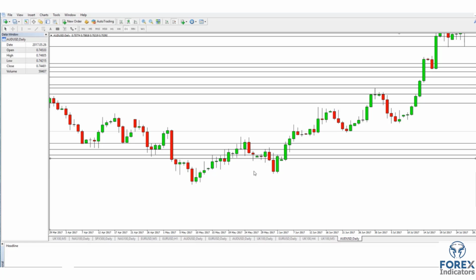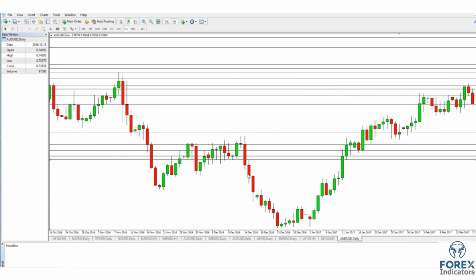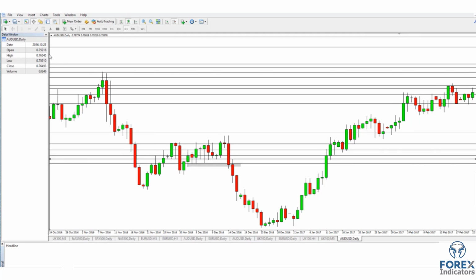And if we come to the left, just looking for any sort of evidence as to support and resistance levels. Potentially, you'd have one sitting at all these spikes here, like this.